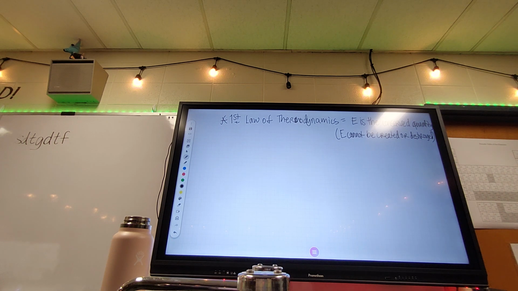This is again a theoretical construct. So the universe is what we say, the entire energy of the universe cannot be created or destroyed. That amount of energy has to stay the same.